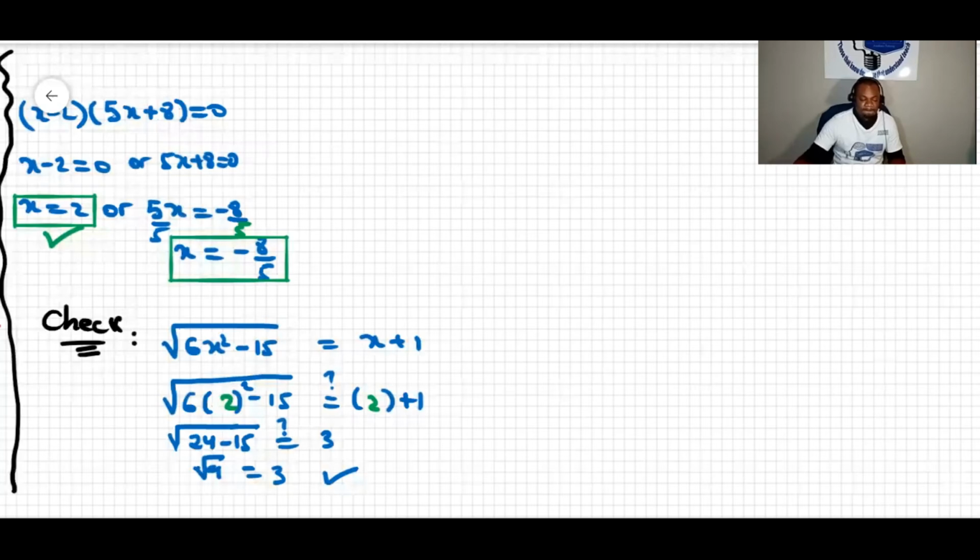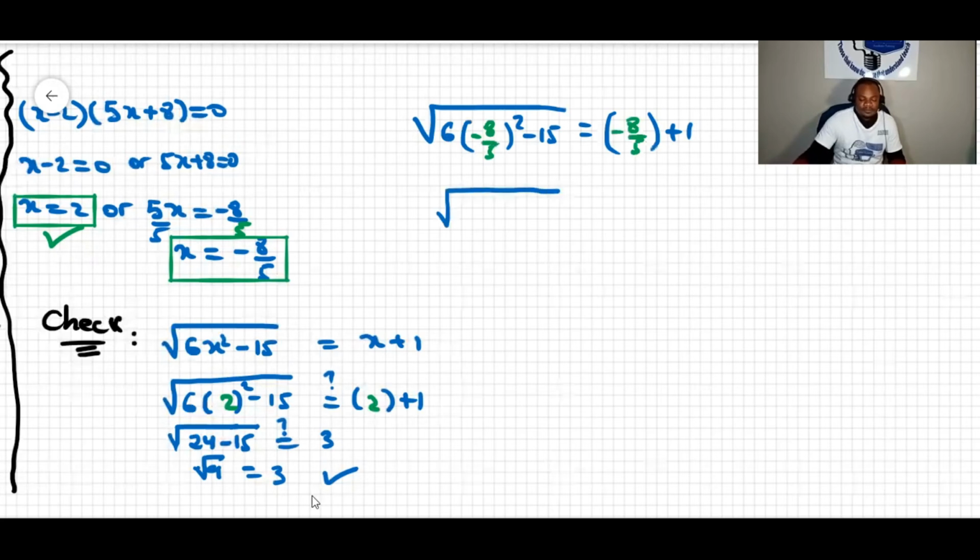Now, let's see. So it's going to be the square root of 6x squared minus 15 equal to x plus 1. We're sampling the values of x. x has a value of -8 over 5. So now this will make 6 times 64 over 25. I can immediately see that this is not valid. That will make -8 over 5 plus 1.